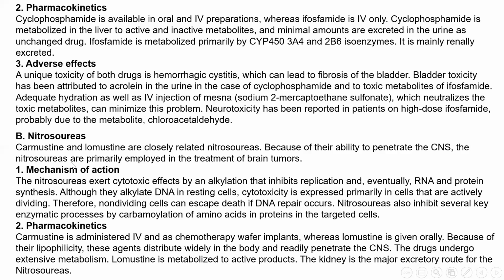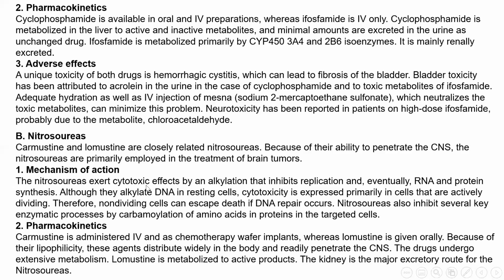Then we have nitrosoureas, and here we have two drugs, carmustine and lomustine, which are closely related. They have similar structures and similar mechanisms of action. However, there is an important advantage for using these drugs: their ability to penetrate the CNS, so they are commonly used in the treatment of brain tumors.